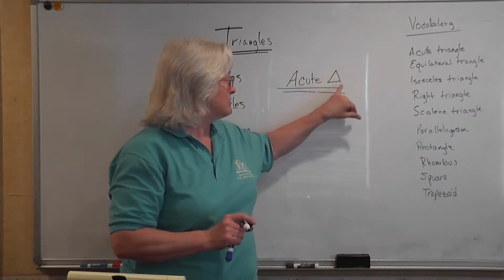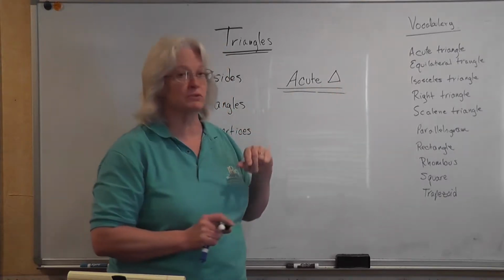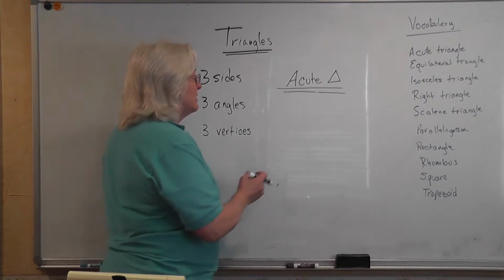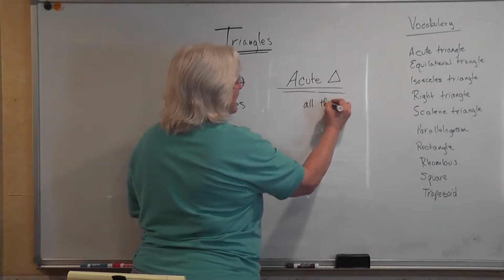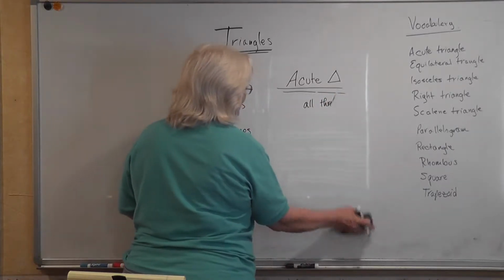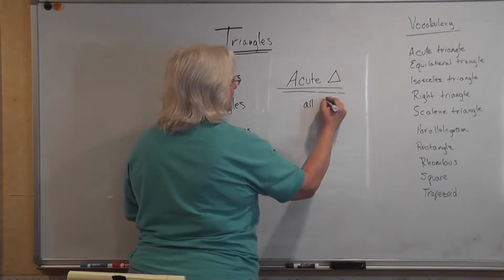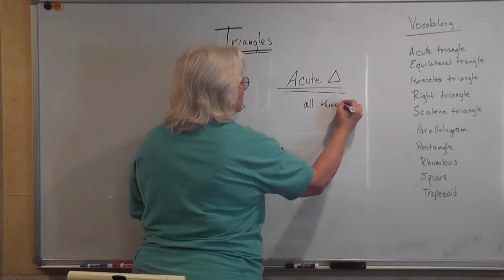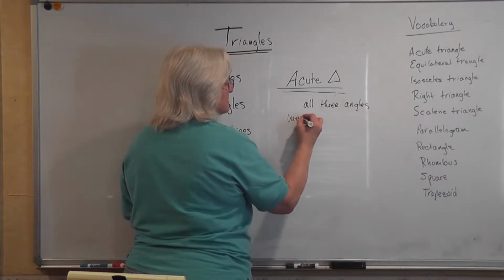And we also know that the sum of the angles of a triangle is 180 degrees, but an acute triangle is one where all three angles measure less than 90 degrees.